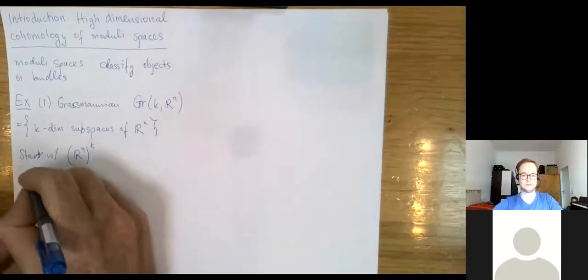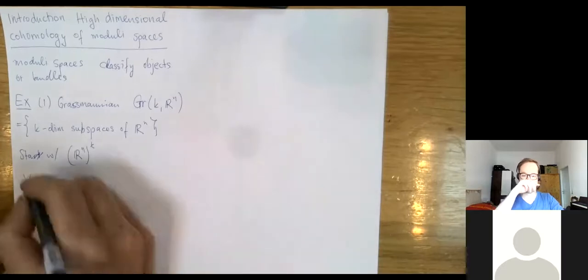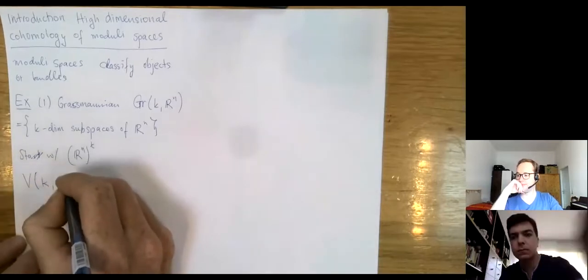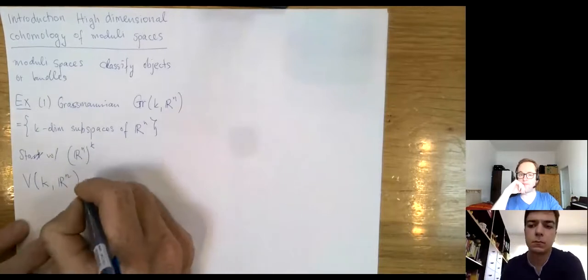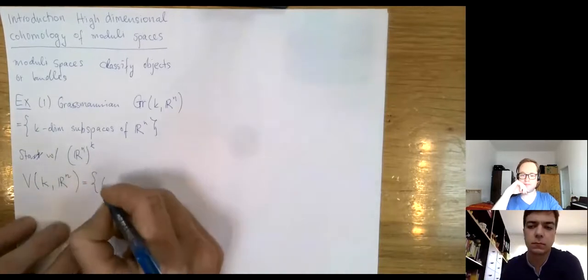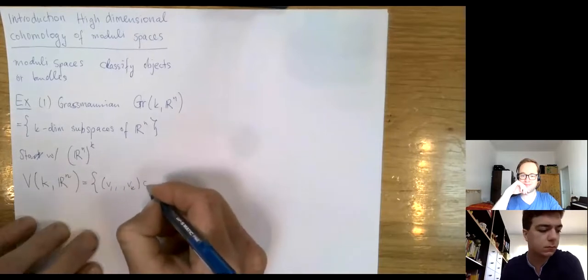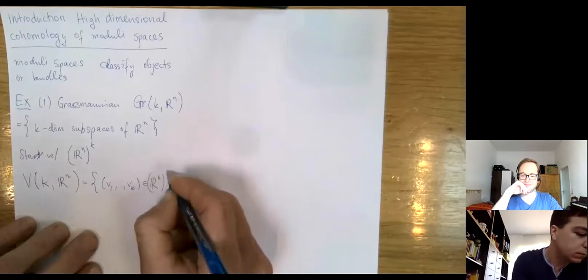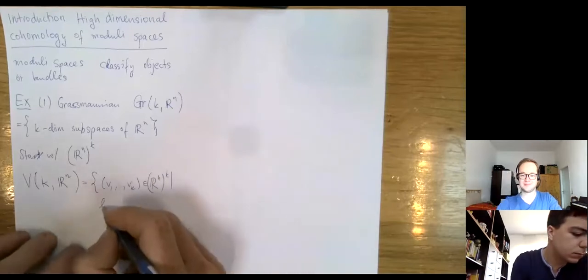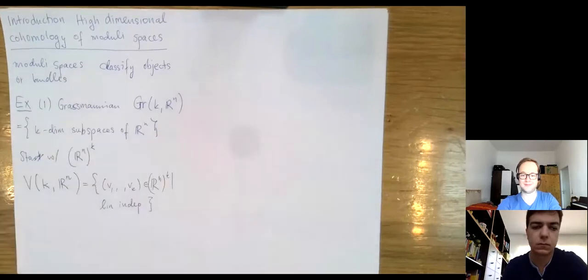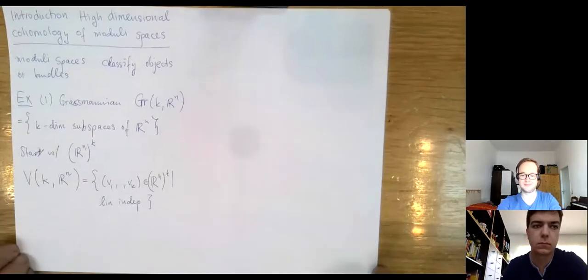This is a topological space, and you take a subspace of this, which is called the Stiefel manifold, which is the tuples of k R^n vectors that are linearly independent. Maybe you want them to be an orthonormal basis or something that works similarly.